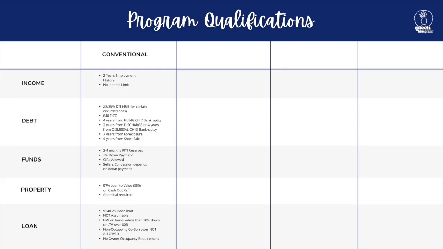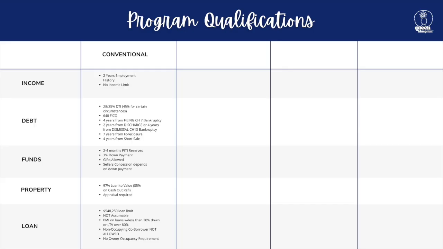Okay? 7 years from foreclosure, you can then reapply for a conventional loan. And 4 years from what is called a short sale. We will not talk about short sales here today. That is like crisis mode. So we're not talking about crisis mode. All right. 4 years from a short sale is when you can go and do another conventional loan.